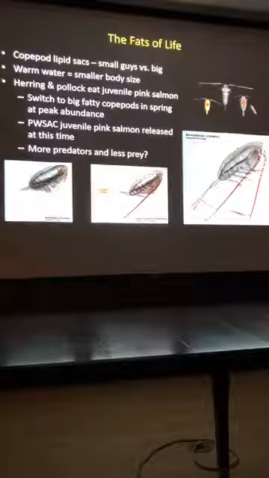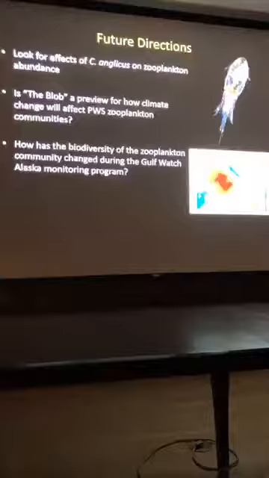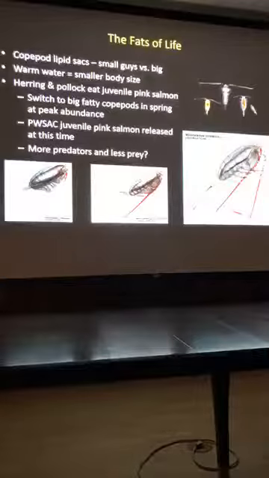One of the big questions we have right now is whether the loss of these big players will lead to herring eating juvenile pink salmon. When PWSSC decides to release their juvenile pink salmon, they try to time it with the high abundance of these big zooplankton, in the hope that herring will be eating these big guys instead of going after juvenile pink salmon.